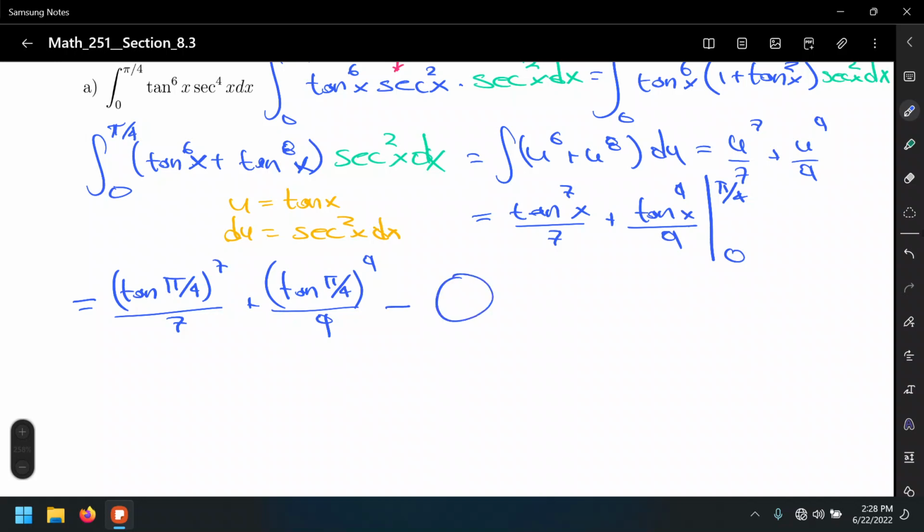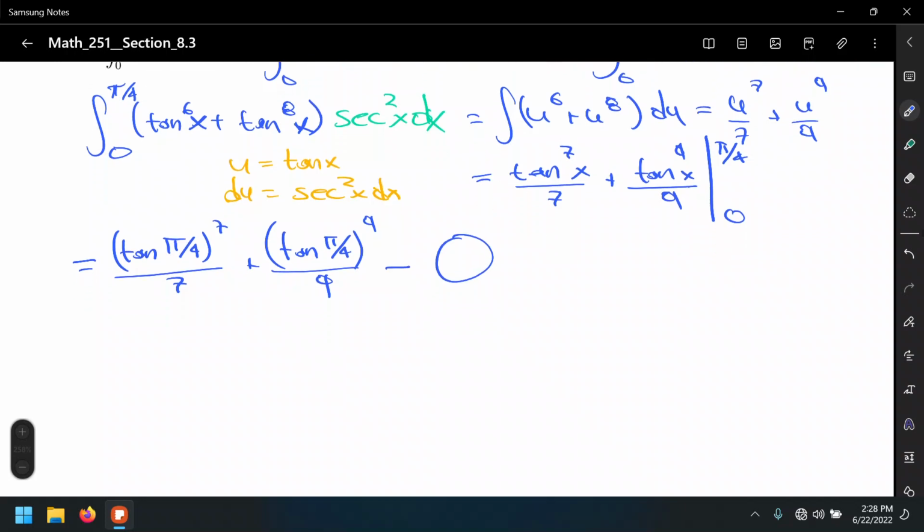No need to write those for the ones that are obviously 0; just save time on your writing. That's valid. But what's tangent of pi over 4? 1. So that's 1 to the 7th over 7 plus 1 to the 9th over 9, which is 1/7 plus 1/9.